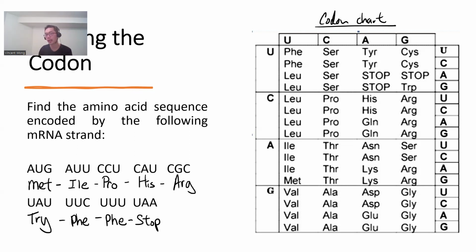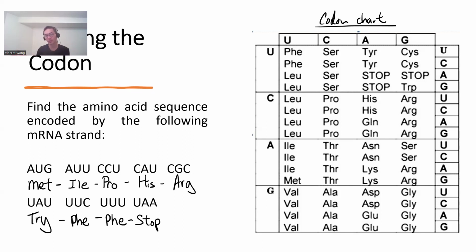Now I want to bring up another point. Like English, right? When you write a sentence in English, the first letter of the sentence must be capital, right? Does that mean you cannot have a capital later on in the sentence? No, like you can have a name, you can have a place, you know, whatever, right?